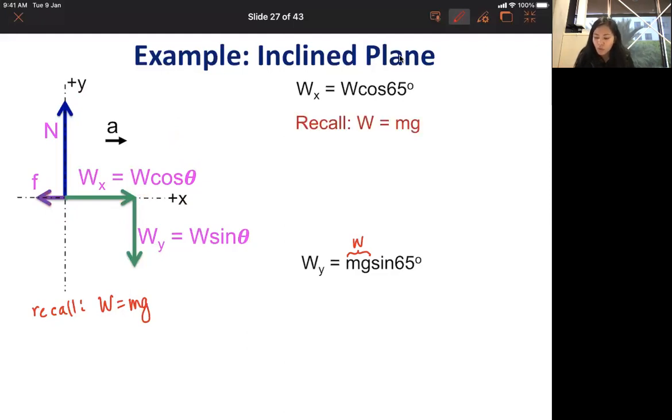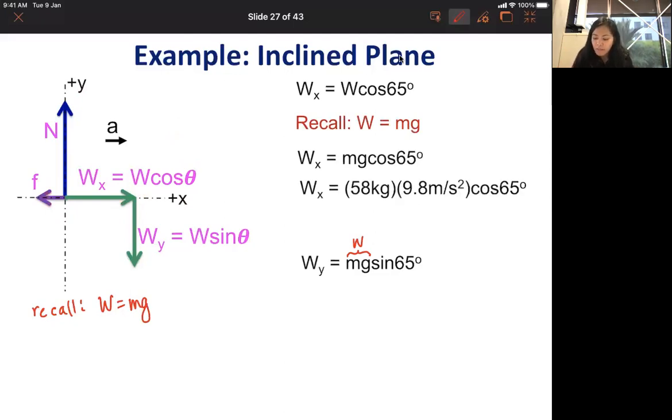Okay, so the weight force along the x: recall weight is mass times gravitational acceleration, because we're given the mass of the skier. The mass of the skier was given as 58 kilograms. Gravitational acceleration is constant, 9.8 meters per second squared.